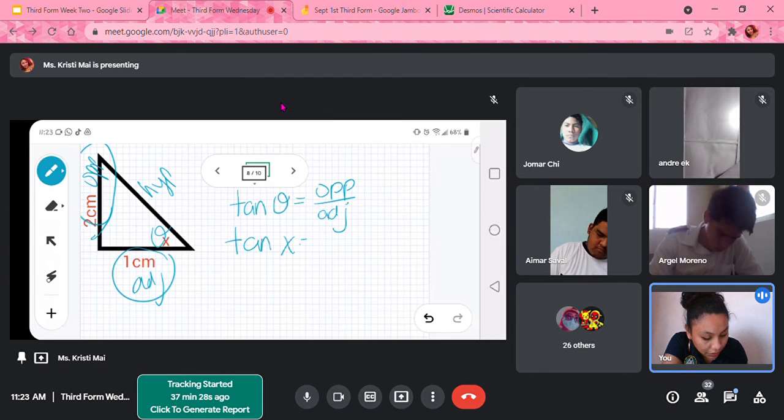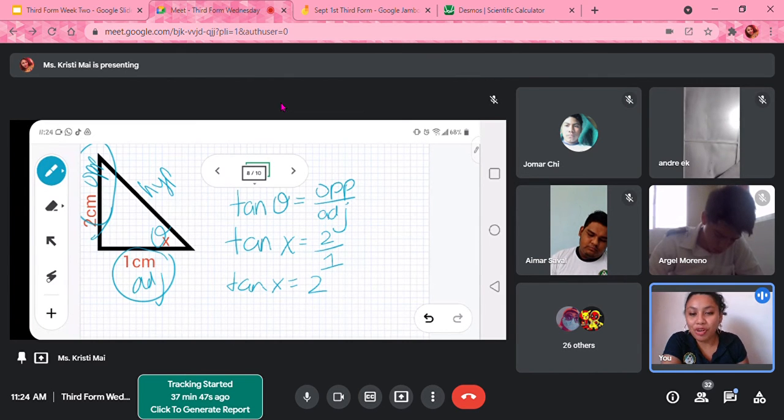I'm going to substitute what I know. Tangent of x is equal to 2 over 1, and 2 over 1 is 2, right?